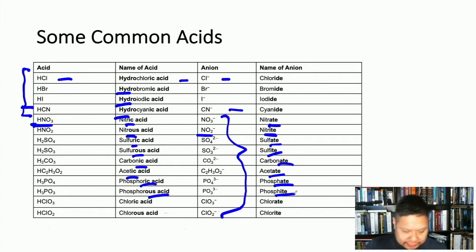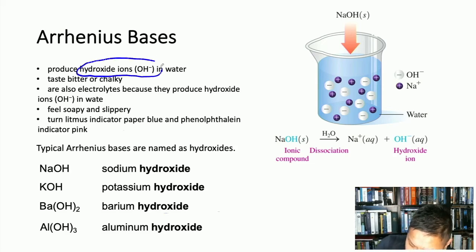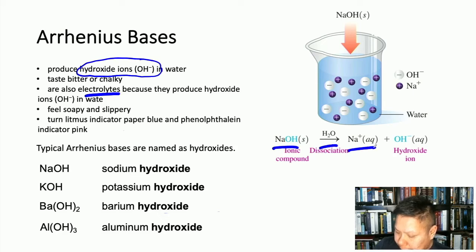So that's Arrhenius acids. So let's talk about Arrhenius bases. Arrhenius acids donate protons into water, but Arrhenius bases donate hydroxide ions, or OH minuses, into water. Again, these are electrolytes because when they dissolve in water, the solid, for example sodium hydroxide, becomes the positively charged sodium ion and negatively charged hydroxide ion.